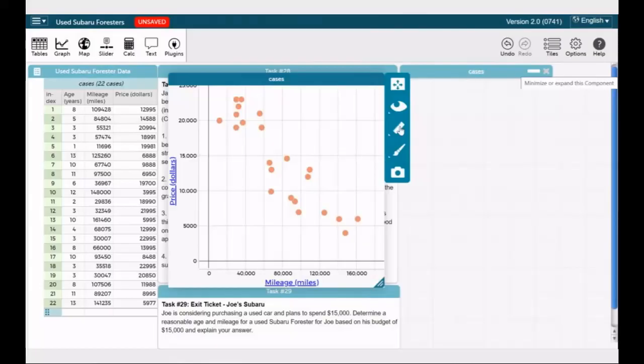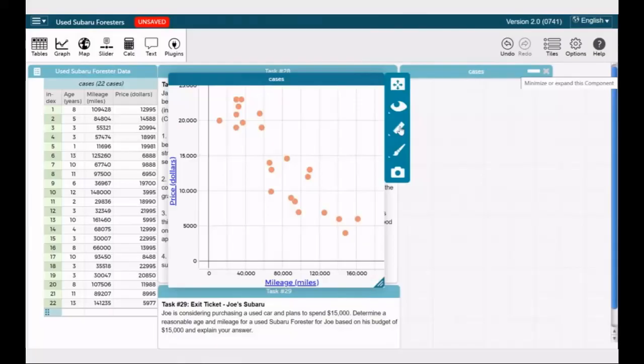On the front, what can you tell me about the price of used Subarus in general? The more expensive they are, they have what in mileage? Yeah, they have less mileage, right? So the less mileage you have, the more expensive it's going to be. That seems to make sense, right? Or the more miles you have, the less the cost of the Subaru, right?